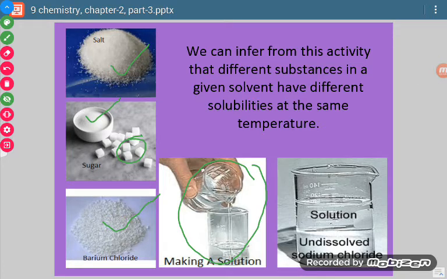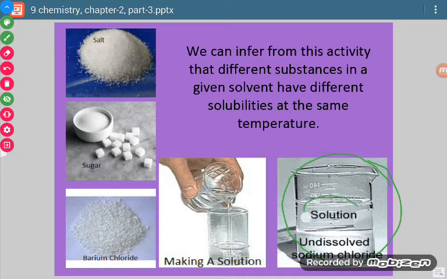Now see, when you look at this picture, what can you observe? You can observe that there is some dissolved solute and there is undissolved solute also, okay. So this is dissolved solute and this is undissolved.